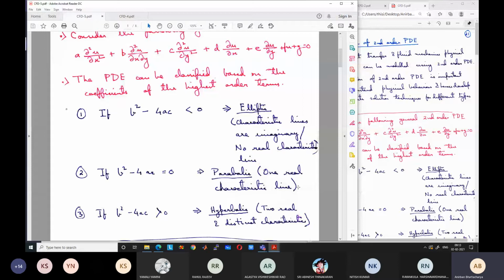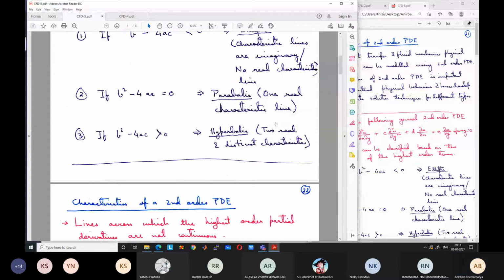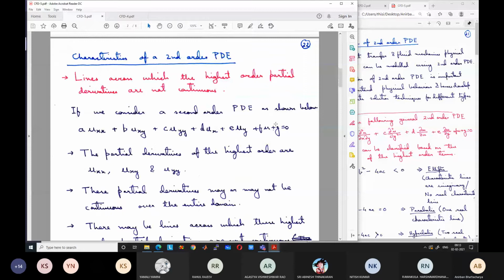So now the question is, what is the characteristic line? Okay. So characteristics are lines across which, so say there is a domain. Okay, there is a domain.